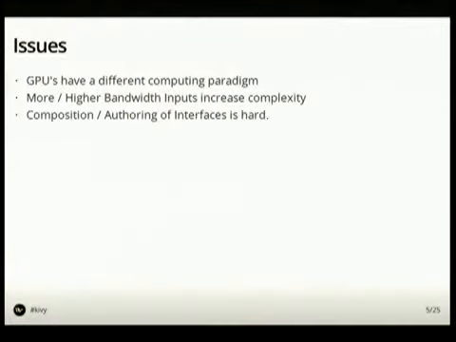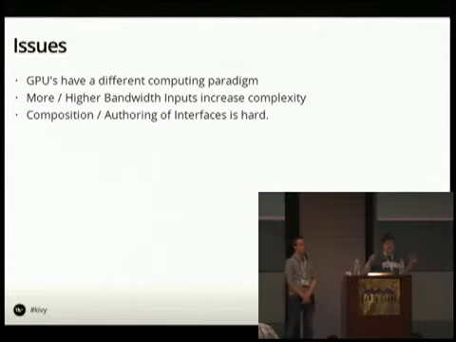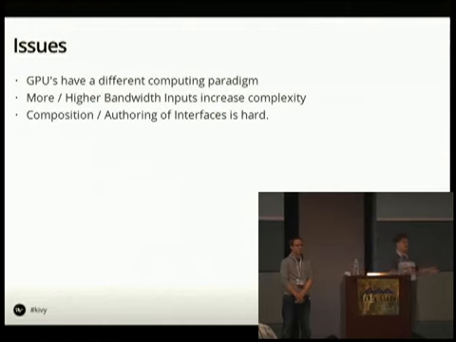For one, GPUs have a fundamentally different way of thinking about computing than a regular processor. Most of us are used to the sequential programming that we learn, and on GPUs, everything happens in parallel. If you've done OpenGL programming even just a couple of years ago, the paradigm was a big state machine: you push stuff down there, change some states, draw stuff.